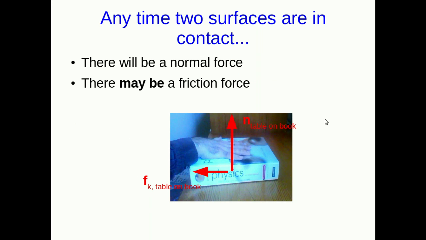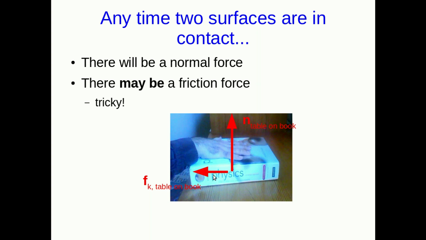Before I close this up, I just want to say that anytime two surfaces are in contact, which is a very common situation, there will be a normal force between them. And then there may be a friction force. And notice how tricky friction is being already. Maybe a friction force. So we've already seen a bit of trickiness with friction.